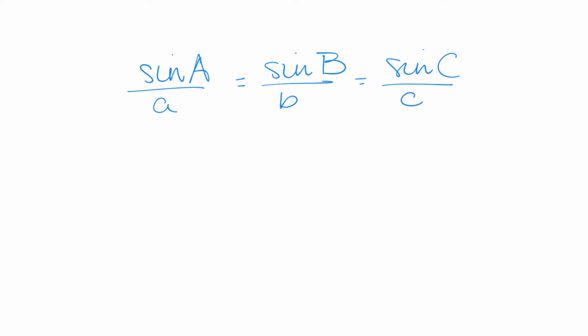It doesn't matter if the whole thing is written upside down or right side up, as long as the sines are on the same level in both ratios. Whenever you're looking for an angle, you always have to use the second function button, and you always need to label it with a little circle to mean degrees.